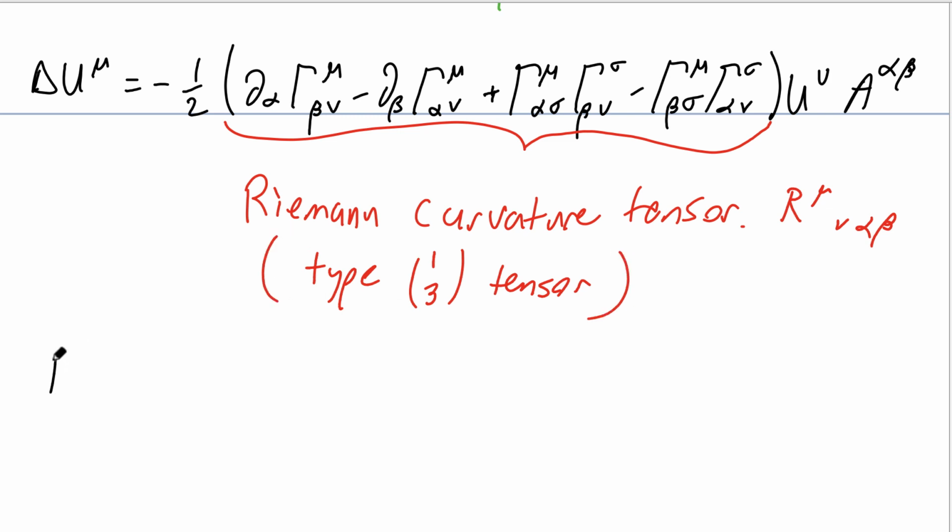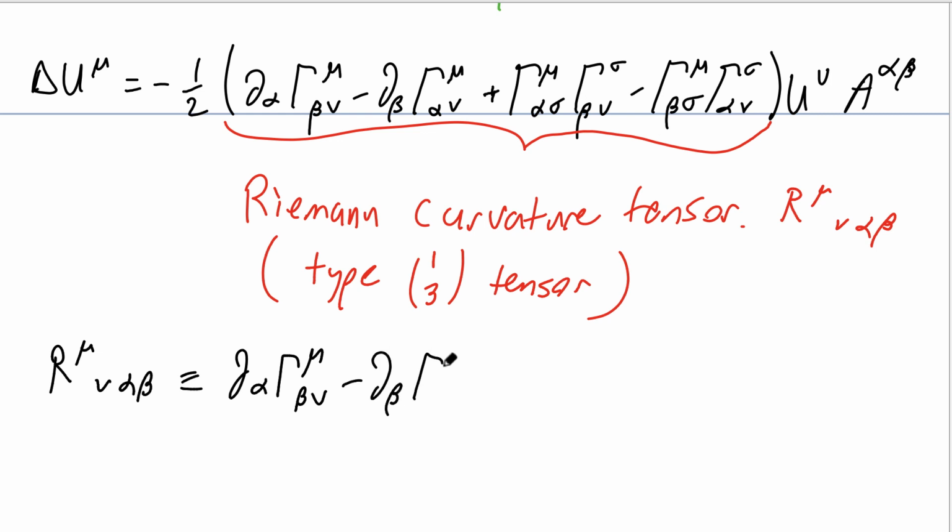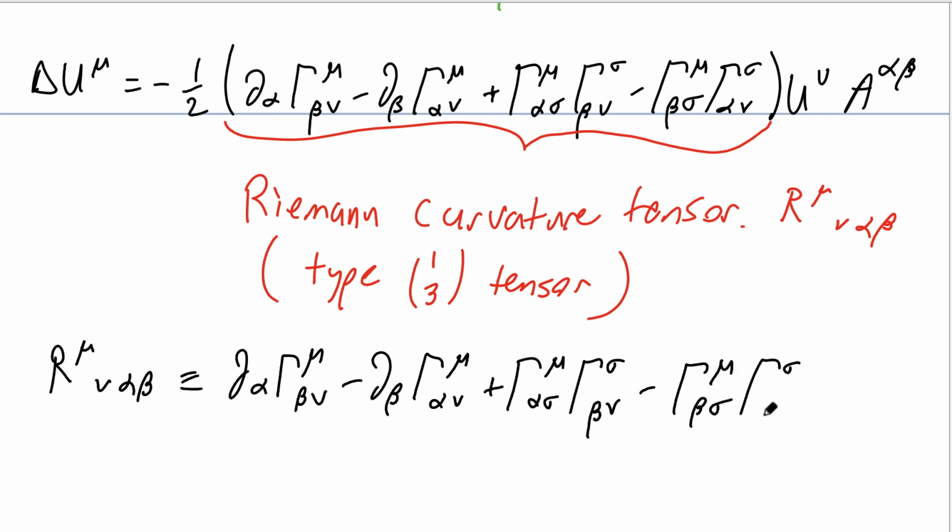So let's repeat the definition here. R^μ_{ναβ} is equal to ∂_α Γ^μ_{βν} minus ∂_β Γ^μ_{αν} plus Γ^μ_{ασ} Γ^σ_{βν} minus Γ^μ_{βσ} Γ^σ_{αν}.